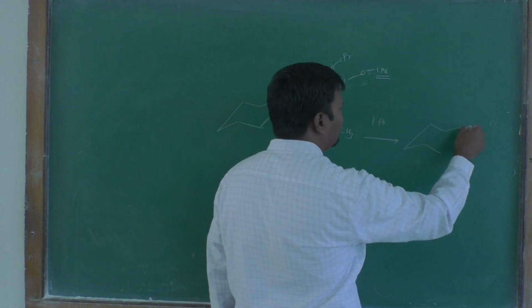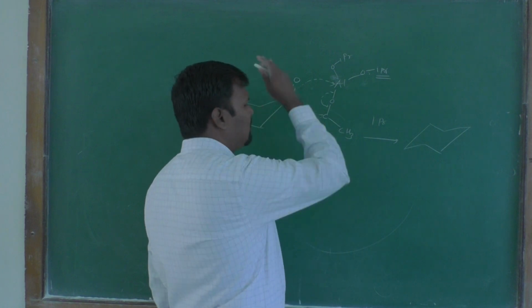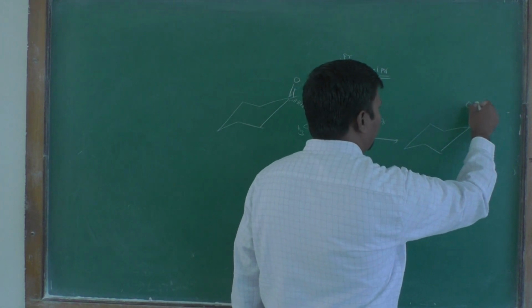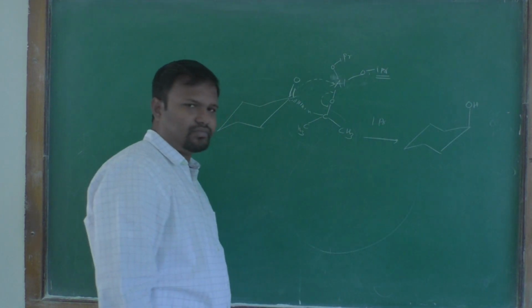If hydrogen is transferred from the equatorial side, you will obtain the axial OH group.